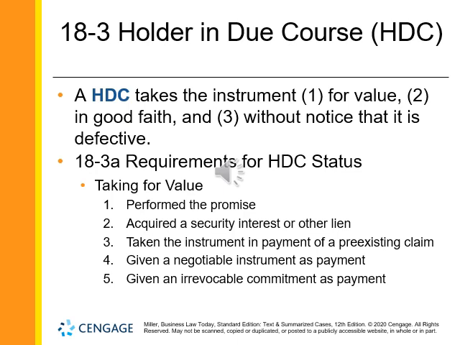Future value: a person who promises to perform or give value in the future cannot be an HDC because a holder takes an instrument for value only to the extent she has performed as promised.